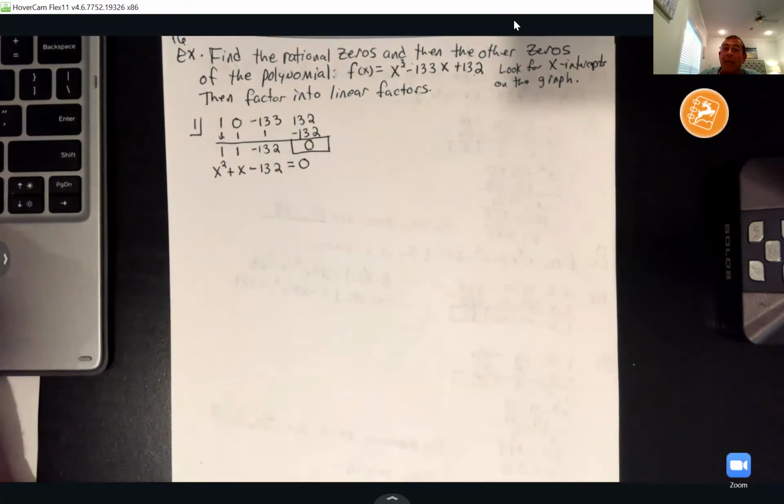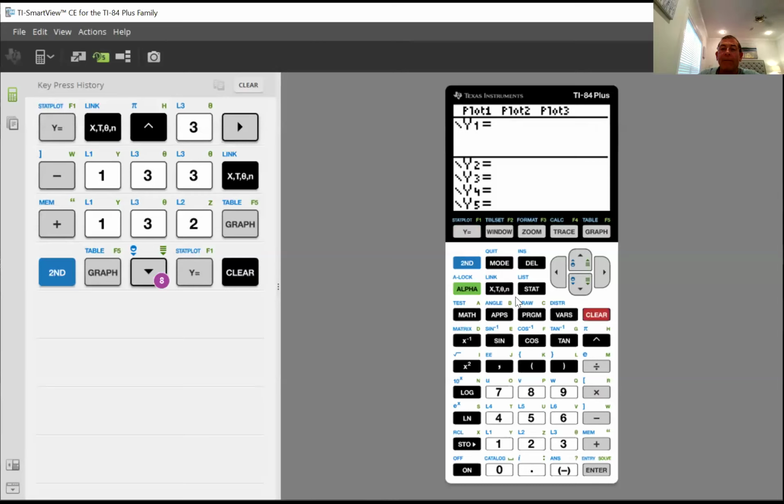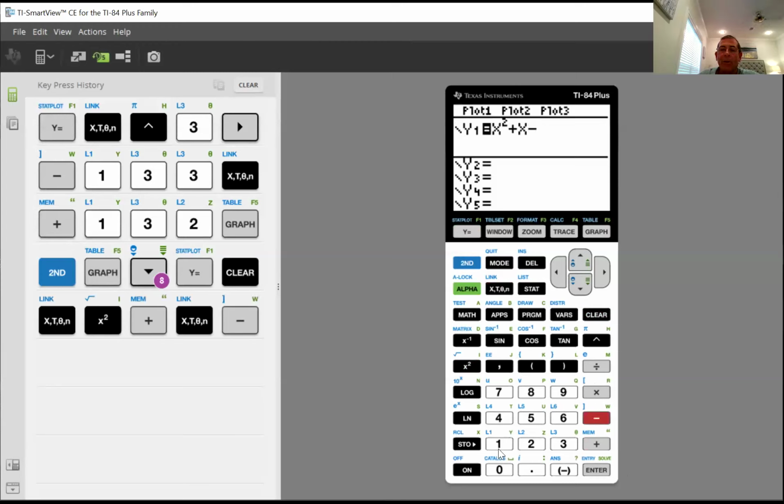So I'm going to go back to my calculator and graph the x squared plus x minus 132. So I'm going to clear this one out. x squared plus x minus 132. So I can now graph this one and see if I can look for some x and y intercepts. So I'm going to hit graph.